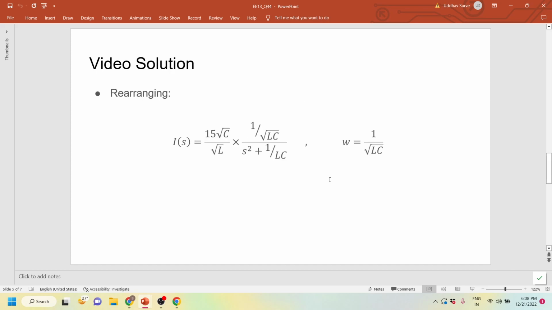Now if we take the inverse Laplace transform and substitute omega as 1 by root LC, the inverse Laplace transform corresponds to some factor k into sine of omega t, where omega is 1 upon root LC. So I of t turns out to be a sinusoidal signal with positive and negative magnitude durations.